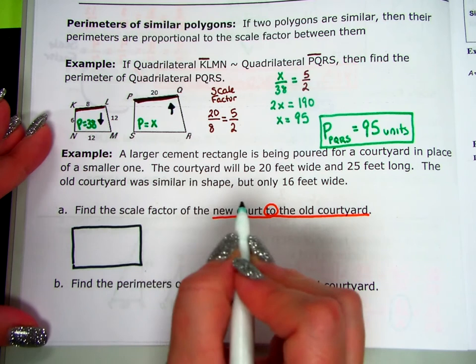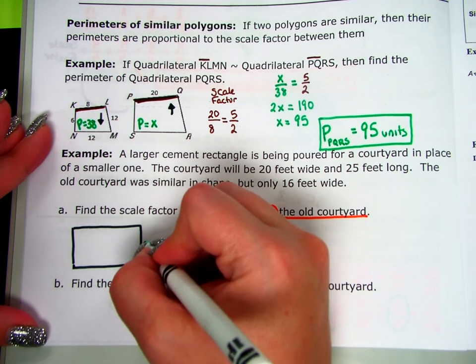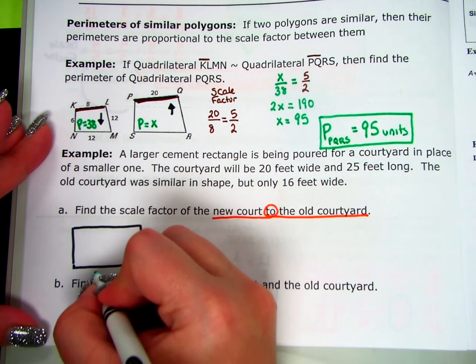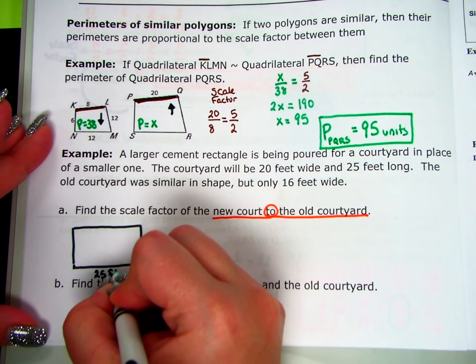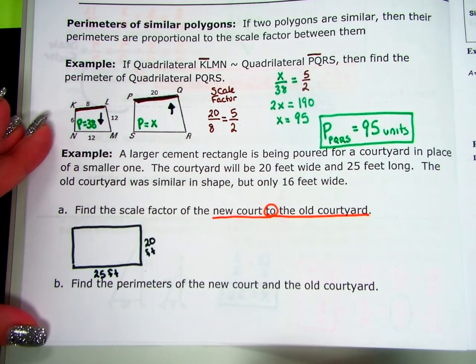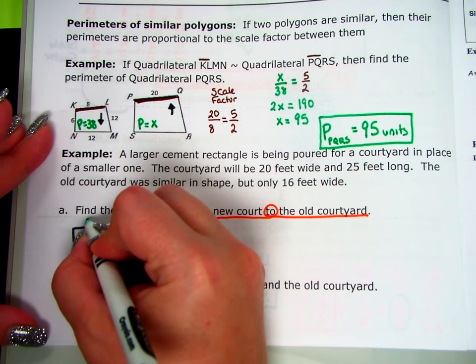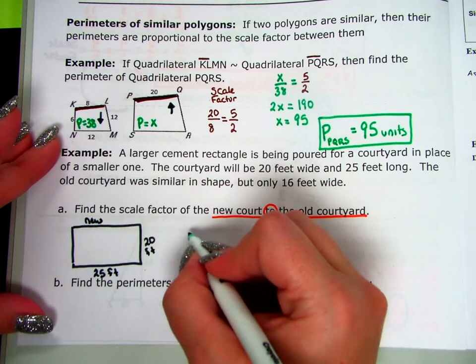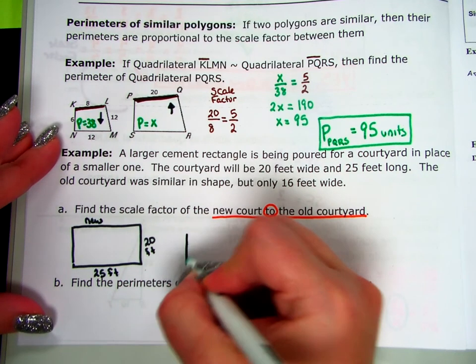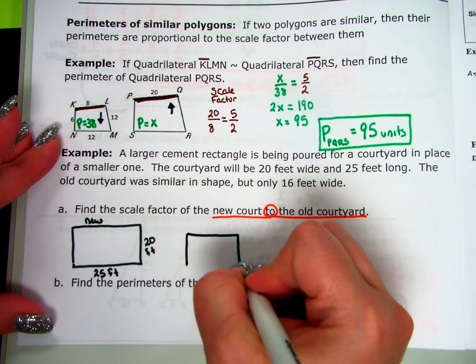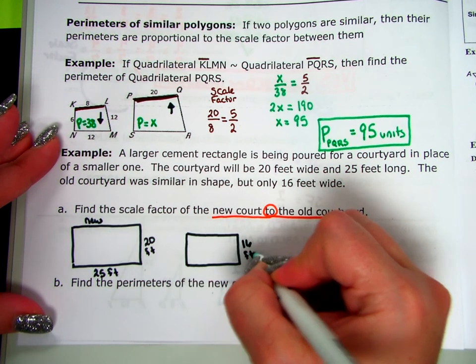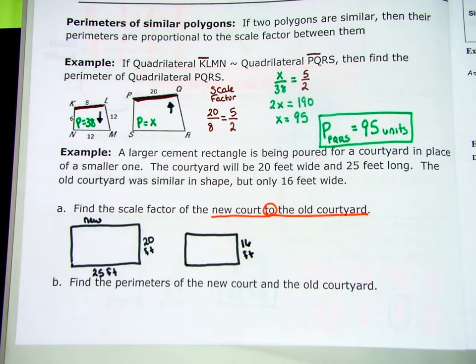The courtyard is going to be 20 feet wide by 25 feet long. This is the new courtyard; the old courtyard was similar, but only 16 feet wide.